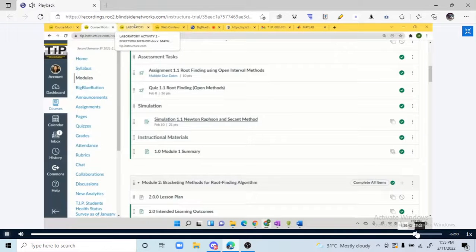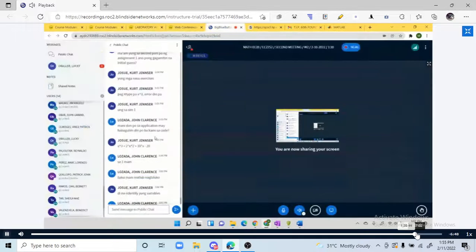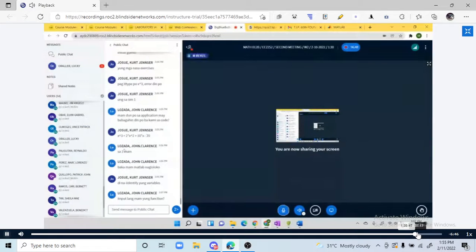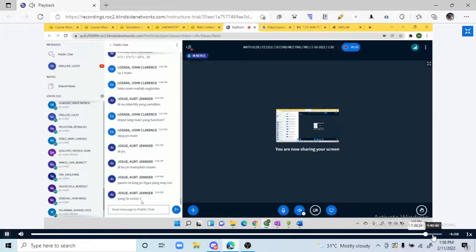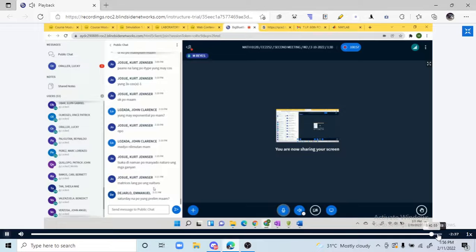Same code pa rin yung gagamitin. Okay, yun na yun ha, same pa. Baka MATLAB mo naglo-lag. Anong error ba yan? Sa syntax ba? Tingnan mo kung syntax error. Kung hindi, hindi ko alam kung saan mo siya ipinapasok, ng matrices dito.